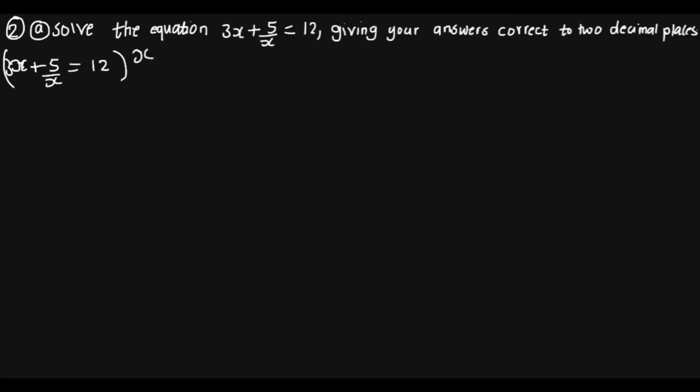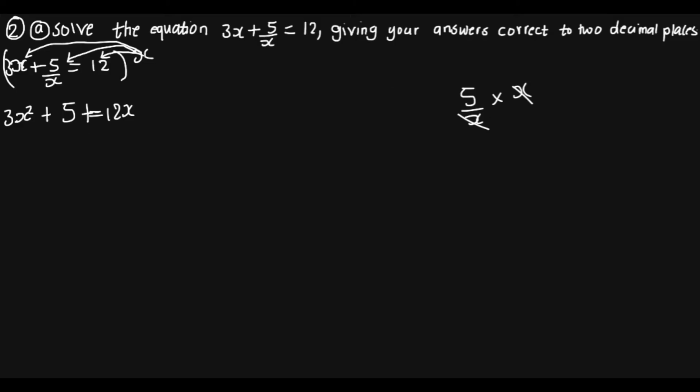The x will multiply with 3x, then with 5 over x, and the third one we multiply with 12. So let's begin. 3x times x is 3x squared, plus 5 over x times x, these will cancel, giving us 5, plus 12 times x is 12x.